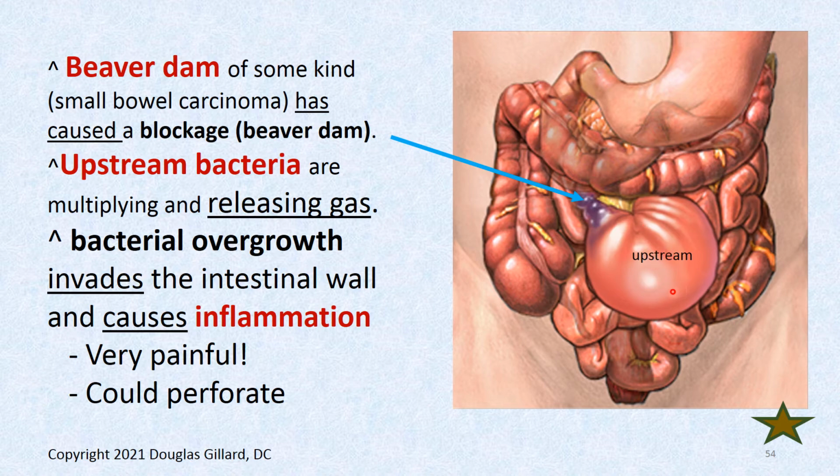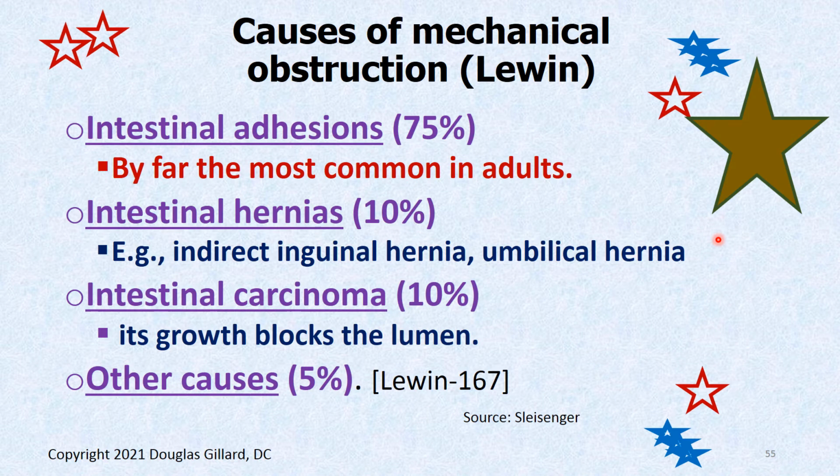And this can rupture, but the stretch receptors are all stimulated, and this patient has horrible pain. And then downstream from the beaver dam, you've got nothing. There's no poop going through. There's no water being reabsorbed. You're going to become dehydrated. And yeah, it's a 10. It's a cause of acute abdomen.